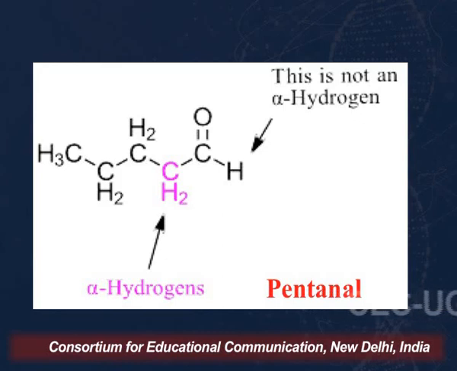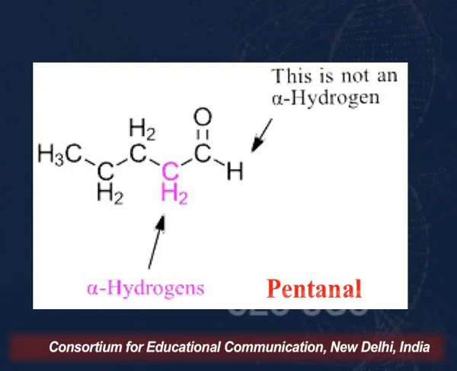In pentanal, we find that the aldehyde group, which is the CHO group, is the functional group. And the carbon shown in purple, which is directly attached to the aldehyde group, is the alpha carbon. And the hydrogens attached to this carbon are the alpha hydrogens.